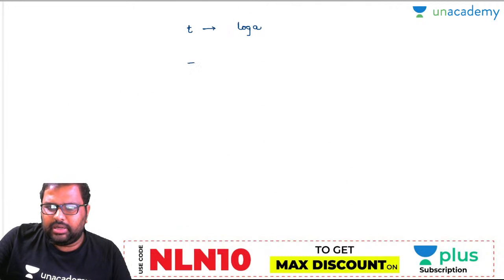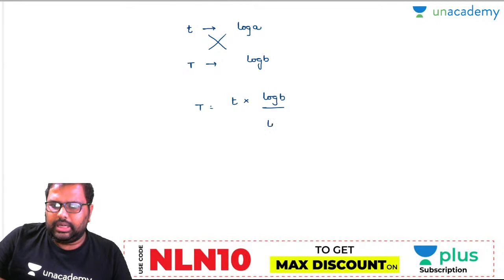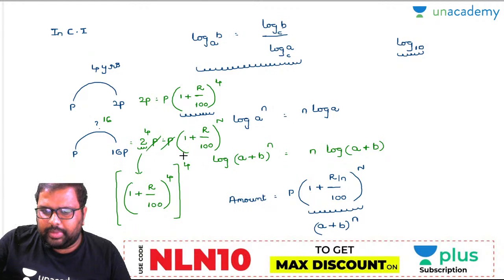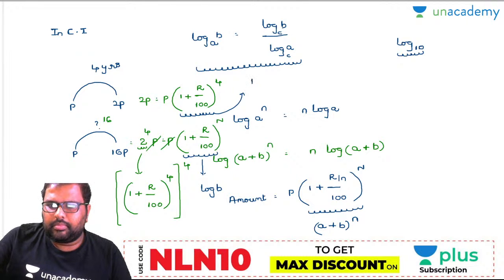So to convert to the final log B, how many years will it take? This is my question. Merely crisscross this: capital T is equal to small t into log B by log A. Now look, I will write clearly, this is log B, now this is log A. Am I right or wrong?